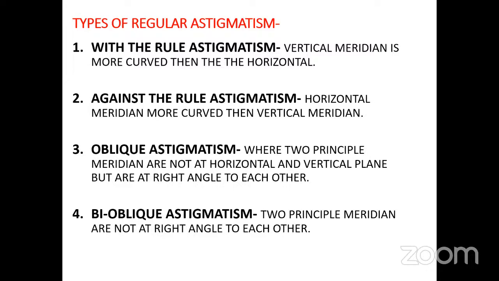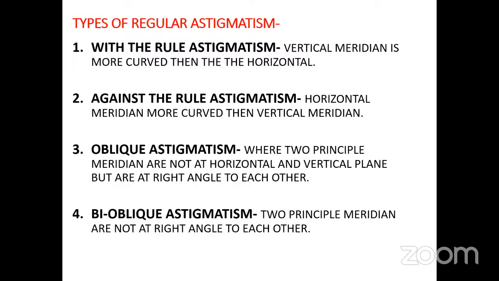Rest everything you can extrapolate: if plus at 90 is with the rule, then plus at 180 becomes against the rule. Correct? Minus at 90 degree becomes against the rule. So remember one thing, plus at 90 degree is with the rule, in the spectacle prescription.